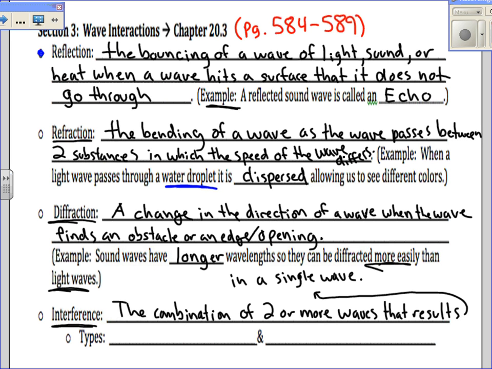Now, there are two types of interference. These two types include constructive interference and destructive interference. So, constructive interference, we'll just write INT for interference, and destructive interference.